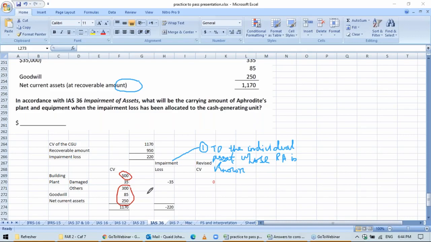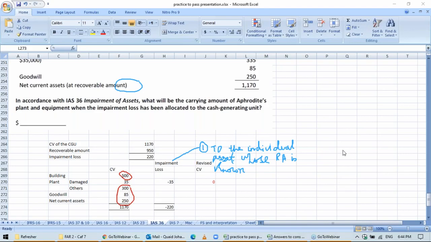So the first turn will be of goodwill to allocate the impairment loss. First of all, I will deduct the impairment loss from the goodwill, and I will try to deduct the maximum amount from the goodwill. I will try to write off the goodwill as much as I can, right?